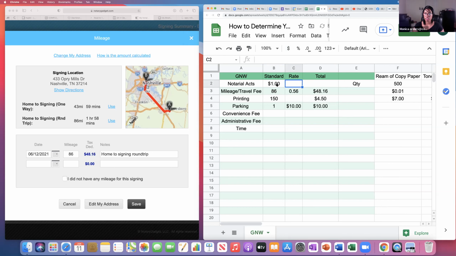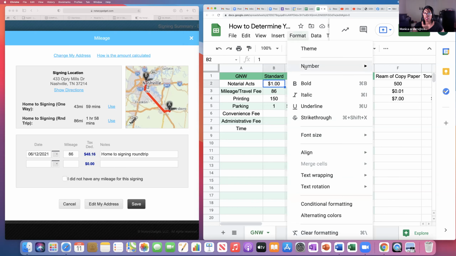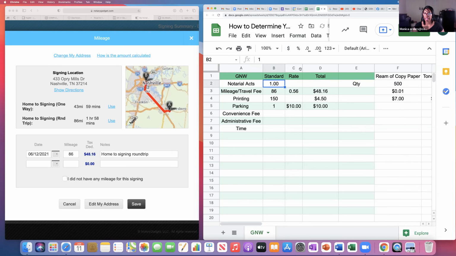And we'll just assume this is $2 per signing. I mean, per stamp, or whatever your Secretary of State says you could do per notarial act, you'll put that number here. And it will automatically calculate for you now. I gotta get this auto calculating.